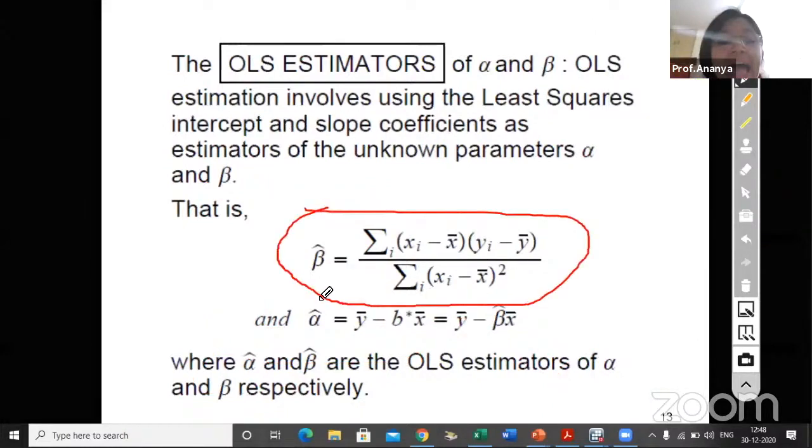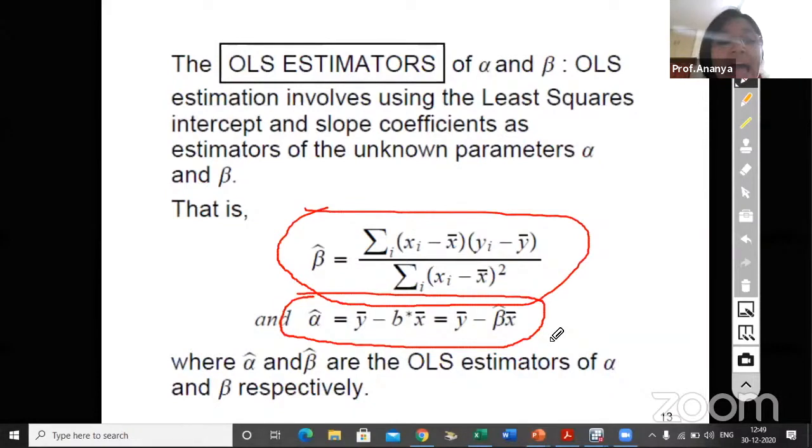And when you're estimating the intercept, you're using this particular formula: y bar minus beta hat into x bar. Y is the dependent variable, x is your explanatory variable. So please note these formulae down, because I'll show you that this is actually true.